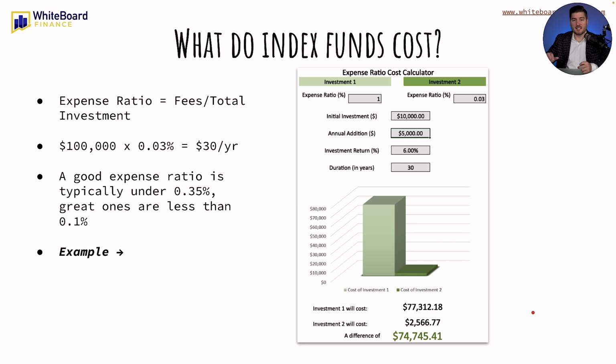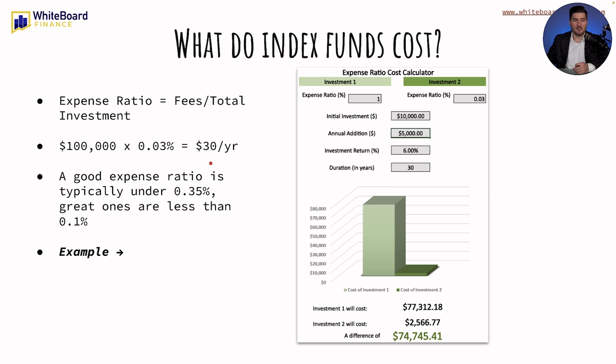Moving on, we need to get into fees and what index funds cost, because this is a huge factor in what your overall returns will be during the life of this investment. So your expense ratio, the classic definition is basically your fees divided by total investment. But a much easier way to look at this would be, say, for example, you have $100,000 invested in a certain fund, and it charges you a 0.03% expense ratio.